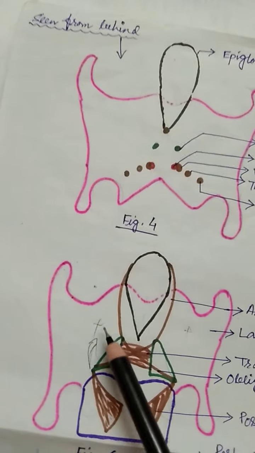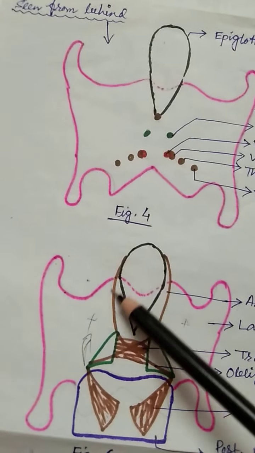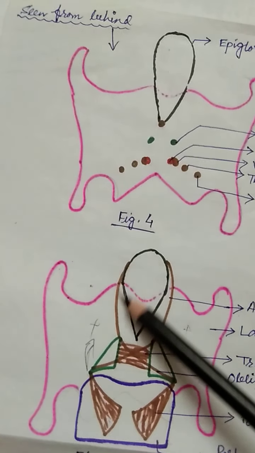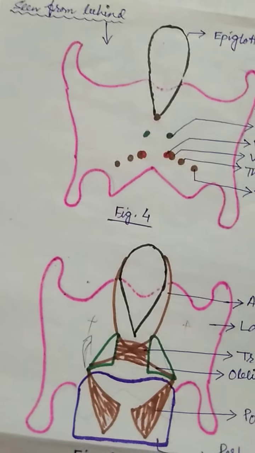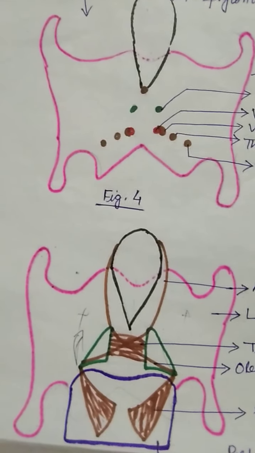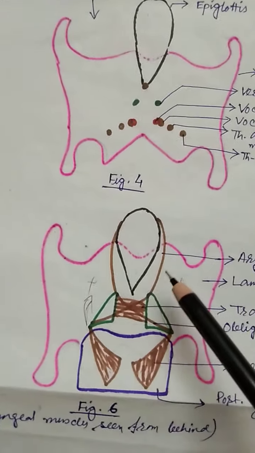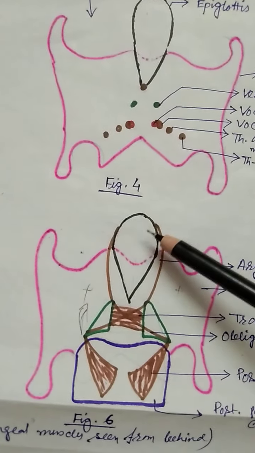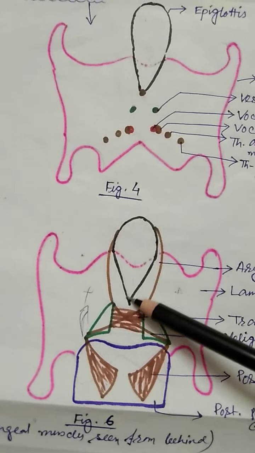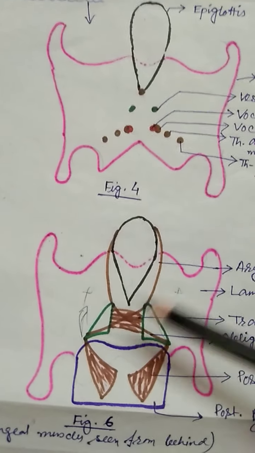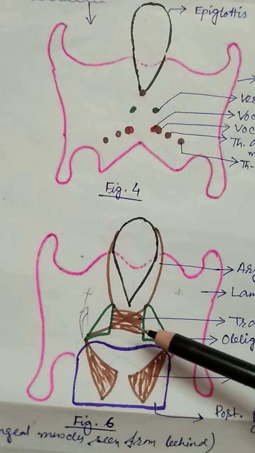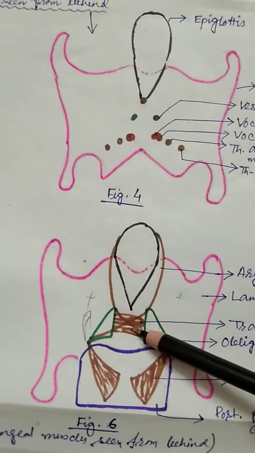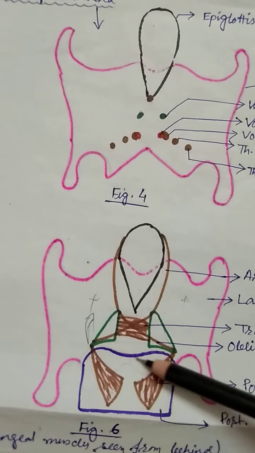Medial to the pyriform fossa, this is the boundary, the aryepiglottic muscle, and there is the mucous membrane forming the fold along with the muscle. So this is the aryepiglottic fold. In between the two aryepiglottic folds, anteriorly, there is the posterior surface of the epiglottis, and posteriorly there is a gap between the two arytenoids as well as the muscles in between, and the body of the cricoid cartilage.